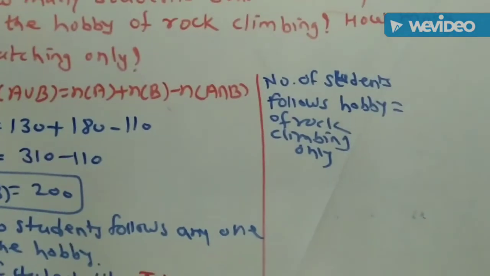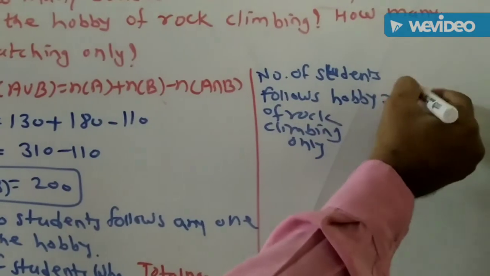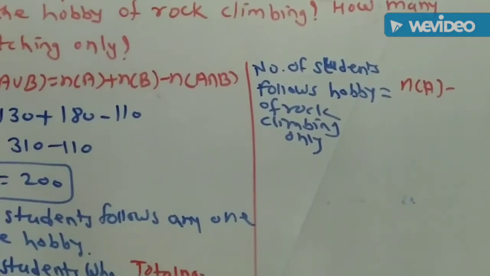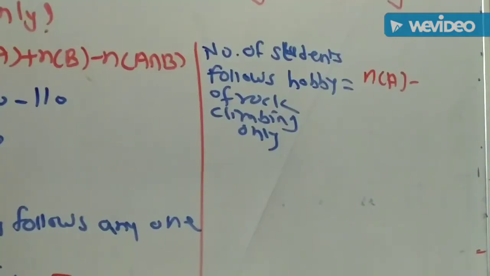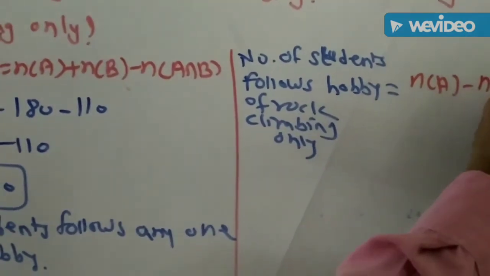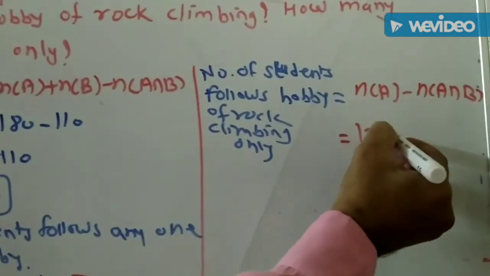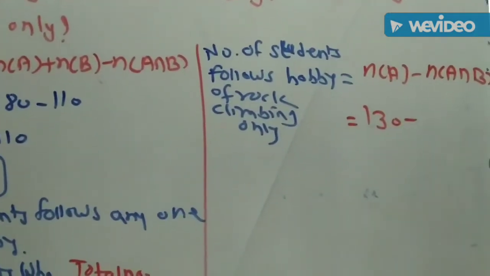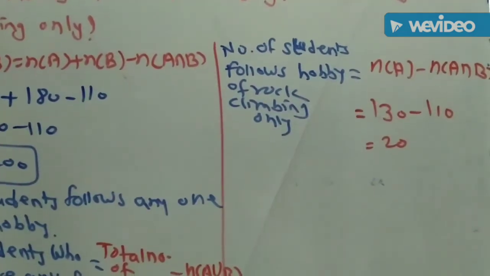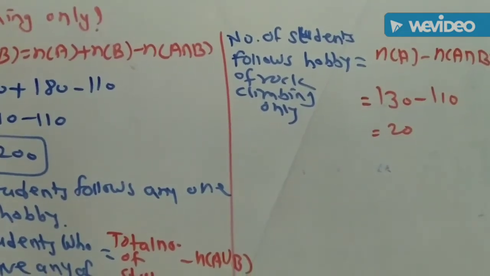Number of A, that is the set of all the students who have the hobby of rock climbing, minus number of A intersection B. Number of A is given 130 minus number of A intersection B is given 110, that is 20. Number of students who follow the hobby of rock climbing only is 20.